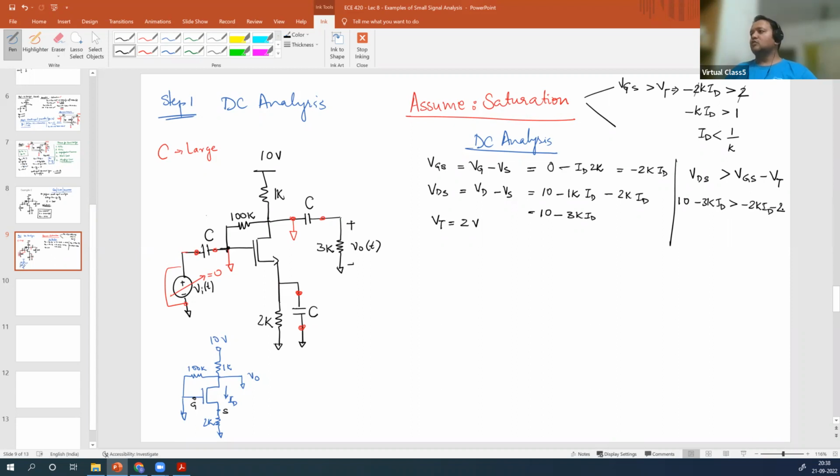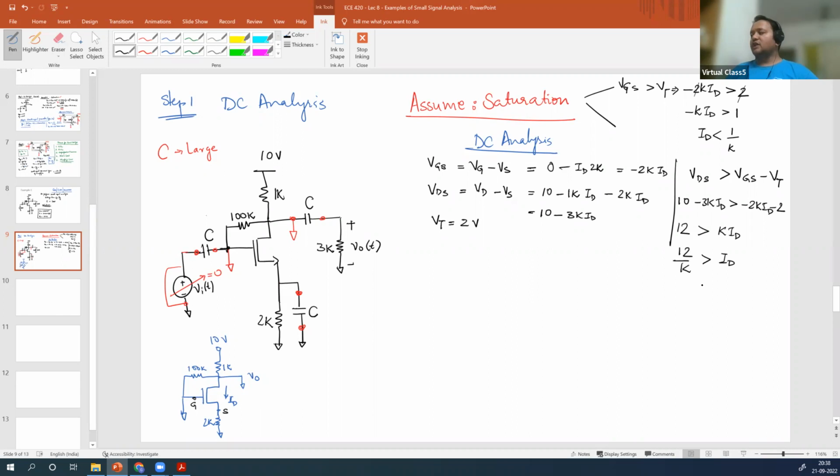Now we will do some rearrangement. Minus 2 goes to this side, becomes plus 2. So 10 plus 2, 12. Minus 3K ID goes to this side, becomes plus 3K ID. 3K ID minus 2K ID is K ID. Now, 12 by K is greater than ID.